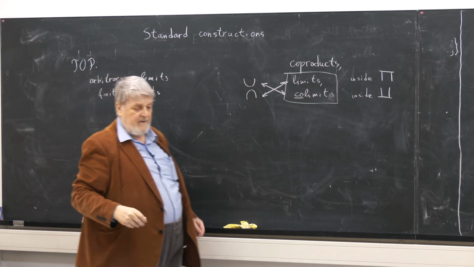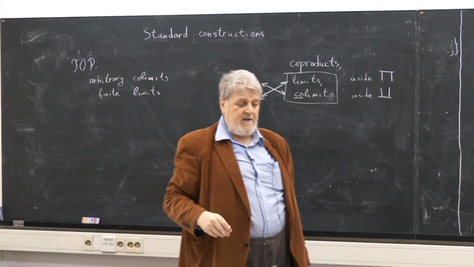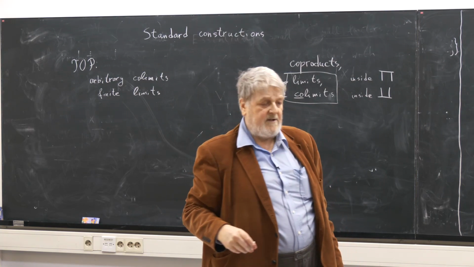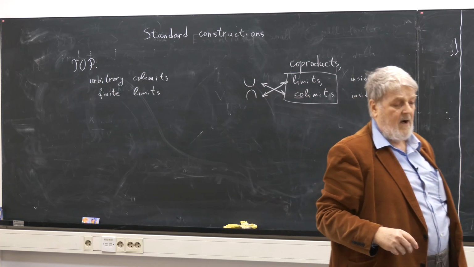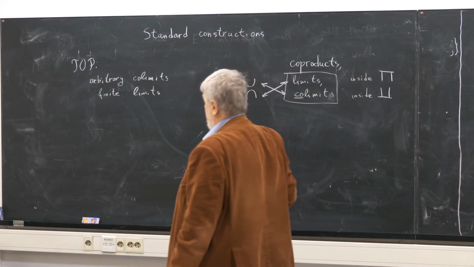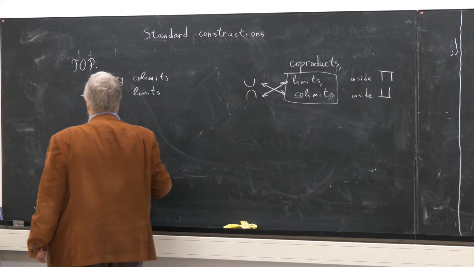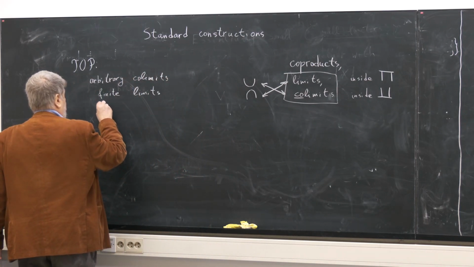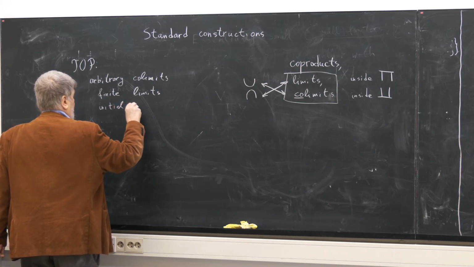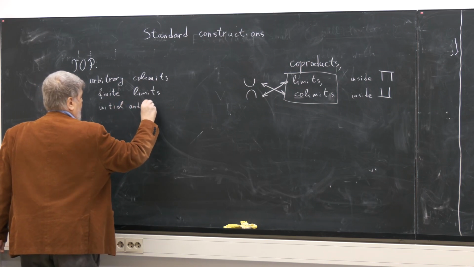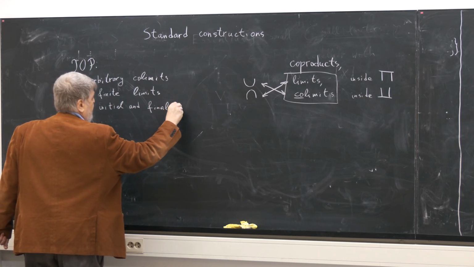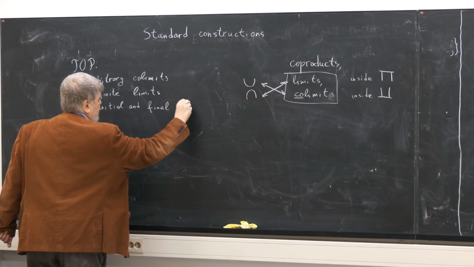There are two more axioms saying that the empty set and the whole space are open, and again they are translated immediately as the existence of the initial and final objects.